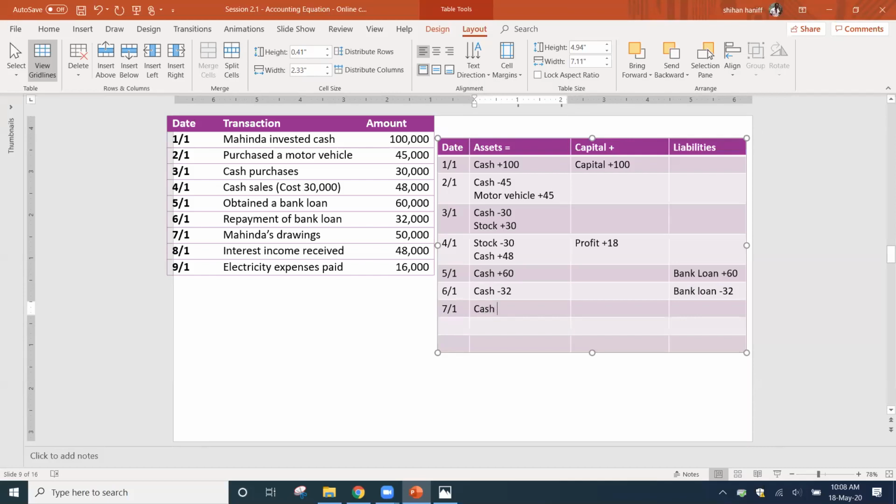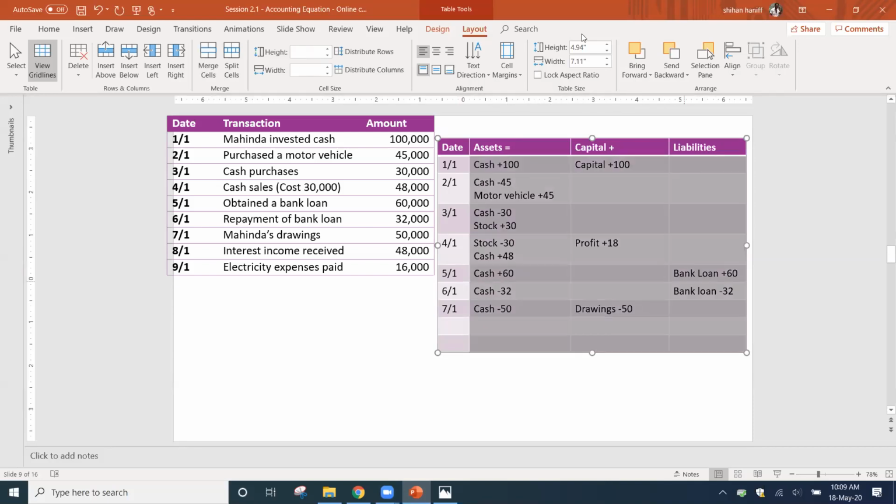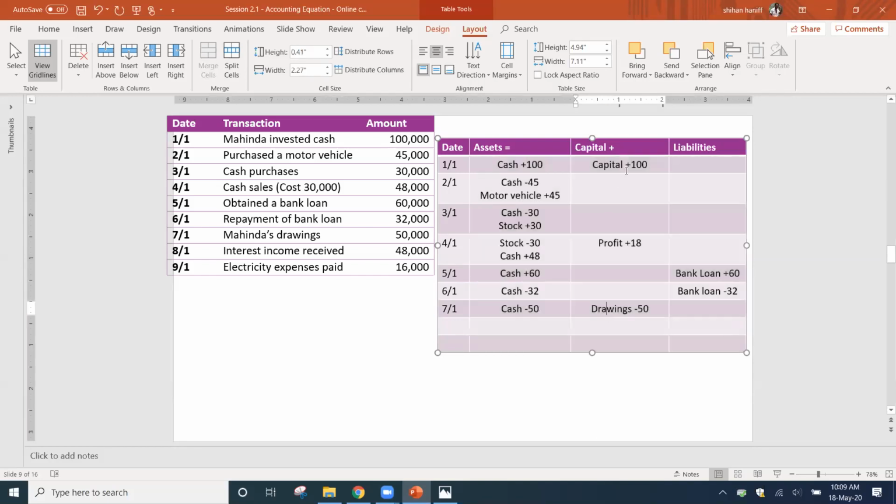So the owner takes money from the business. Cash will reduce by 50,000 and the capital will reduce by 50,000 because when the owner invests money, it increases the capital. If he takes back the money, capital will decrease.